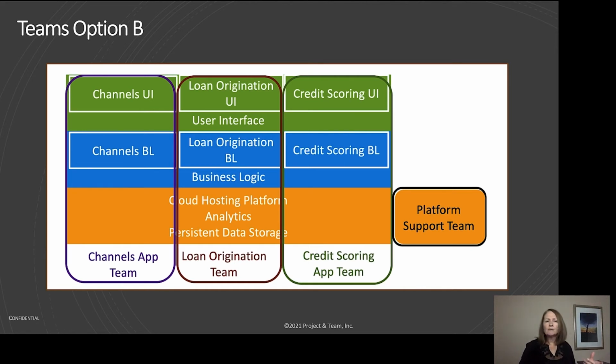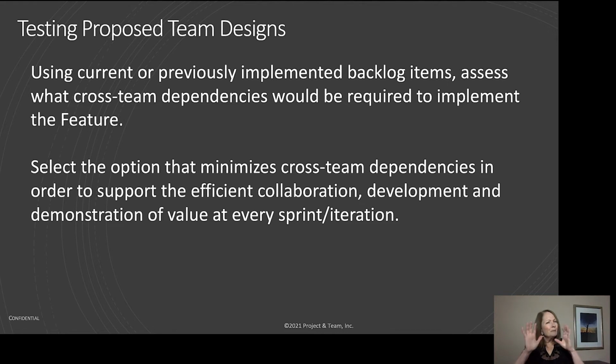Sounds good, right? But maybe it's still not 100% clear which option will work best for us. So we have a way to test that. The way that we test that is we can use current or previously implemented backlog items and assess what cross-team dependencies were required or could be required to implement them in the future.